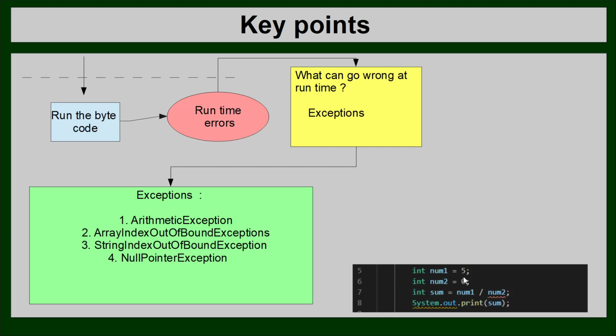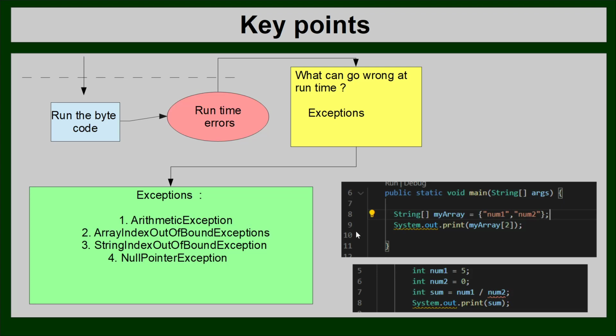You cannot divide by 0, so if you ever have code that could divide by 0, for example where the user inputs a number that is used as a divisor, if they put 0 and you haven't done checks on your code, it will produce a runtime error, an arithmetic exception.